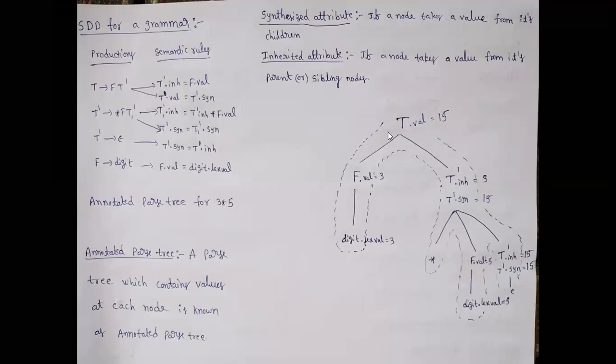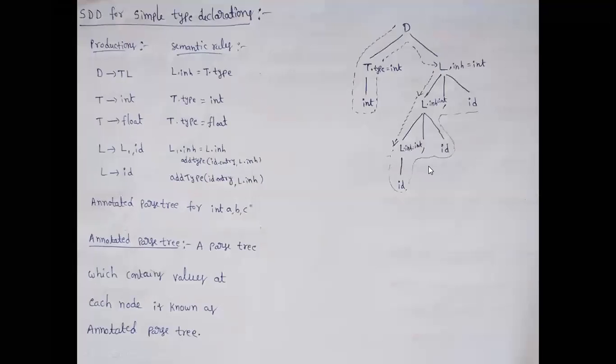Then we move upwards. What is the production here? T produces F T dash. This is completed, and T dot value is equal to T dash dot synthesized. The value of T dash dot synthesized is 15, so T dot value is equal to 15.